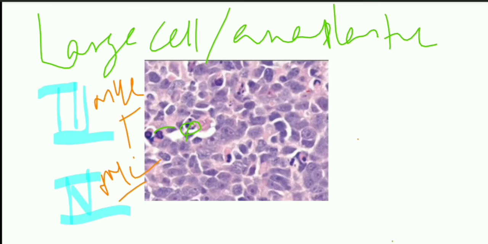So when you look at the cells here, they are large cells, bizarre shaped cells with hyperchromatic nuclei. Another important feature you have to see here is cell wrapping. One tumor cell will be wrapping around another tumor cell, or one tumor cell can wrap around another necrotic cell also.